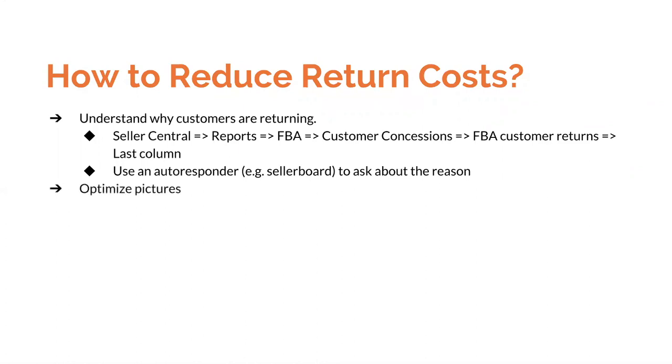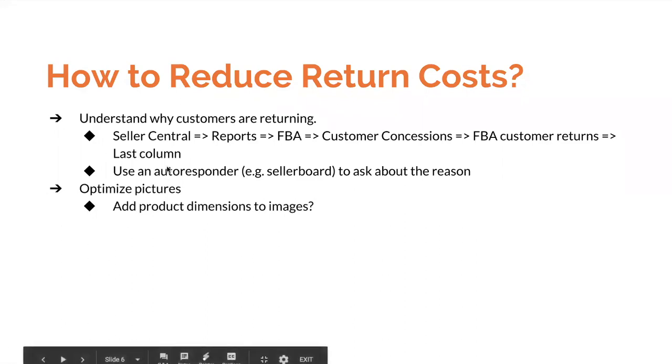All right, then a couple of other things. For example, you can optimize your pictures and add dimensions to your images, because oftentimes, depending on the products, customers don't have a good understanding of the size of the product. They order something, and they're like, oh, it's bigger than I thought, so I'll send it back.